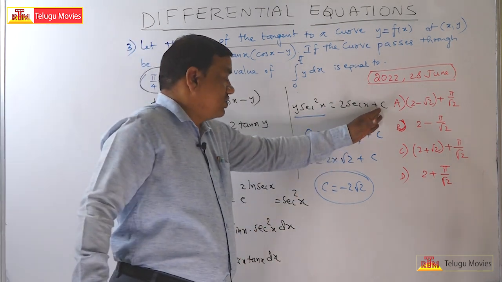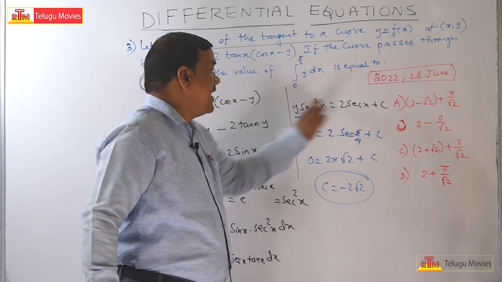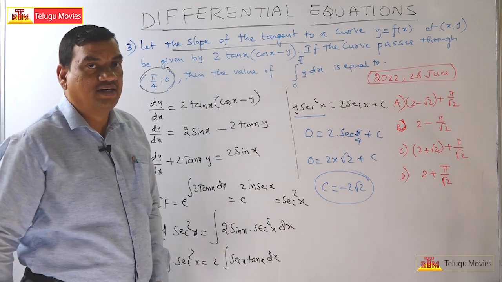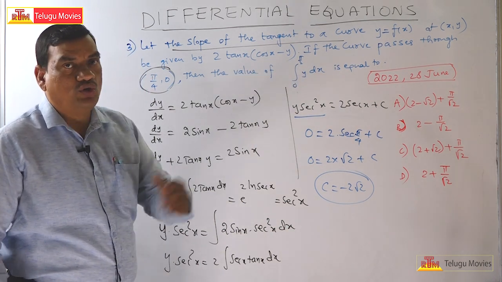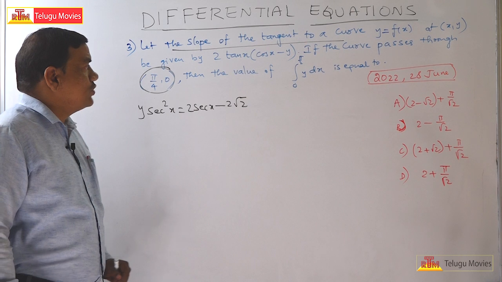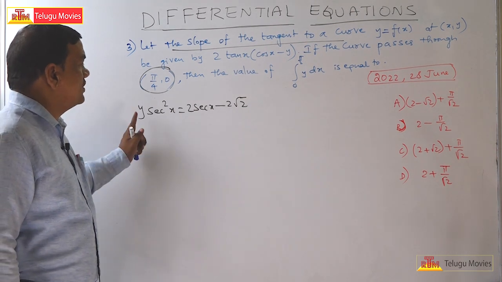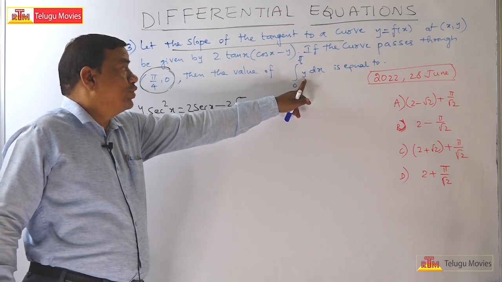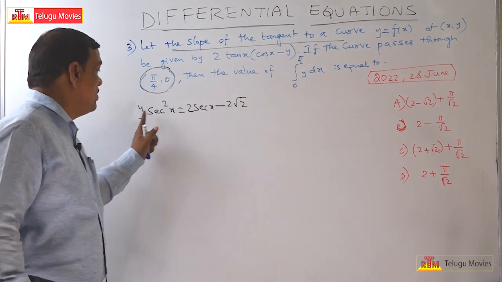We will put the constant of integration, minus 2 root 2, here, and we will find the integral of 0 to pi by 2 of y dx. So, let us continue our solution. This is our solution. We want the y value.